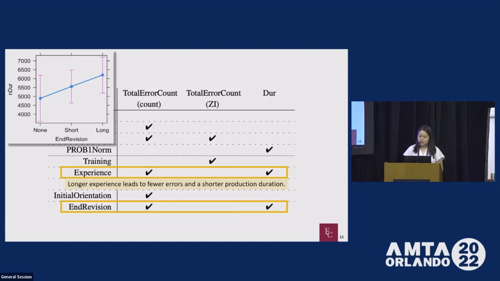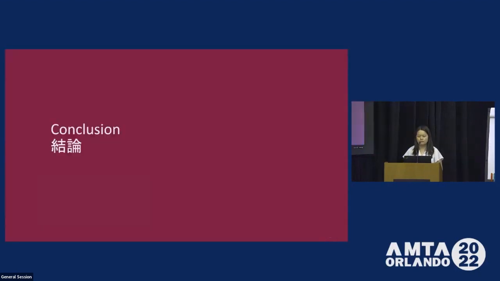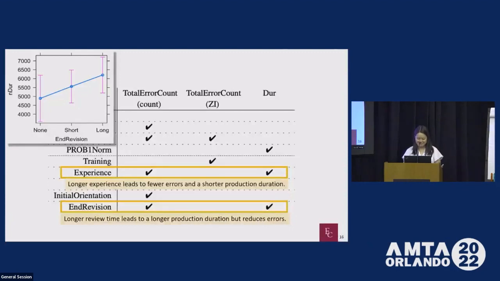So the present study then suggests that the participant who had a long revision time successfully reduced the number of errors at the cost of prolonged production time. Therefore, time quality seems to be indeed a trade-off in my data set as well, after all.